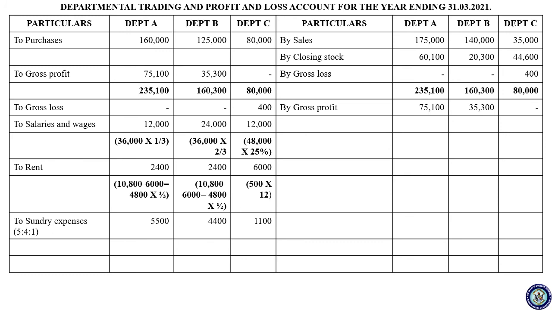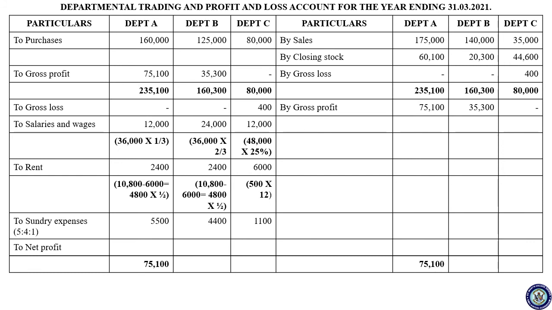So the balancing figure is either net profit or net loss. When you see department A, your credit side is more, so you write 'To net profit'. Now the total of department A, credit side 75,100, and the debit side is lesser than the credit side. So write the total 75,100 on both sides.